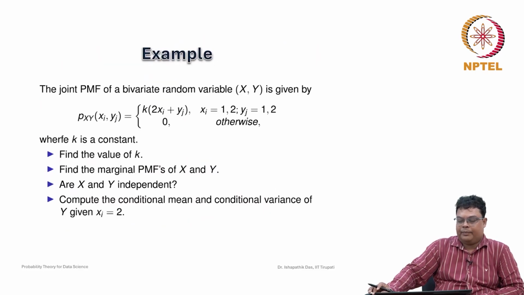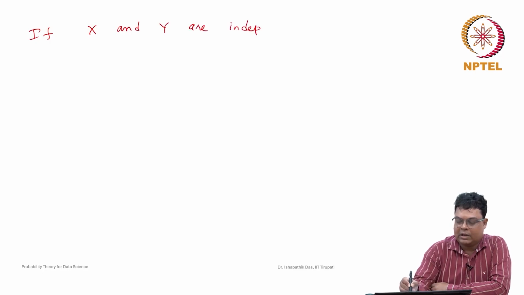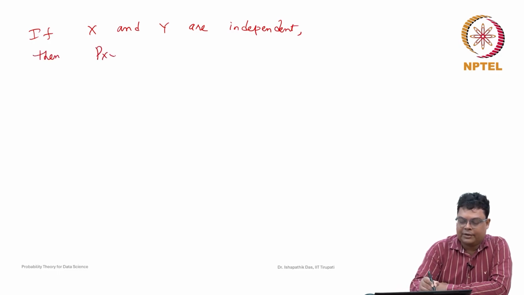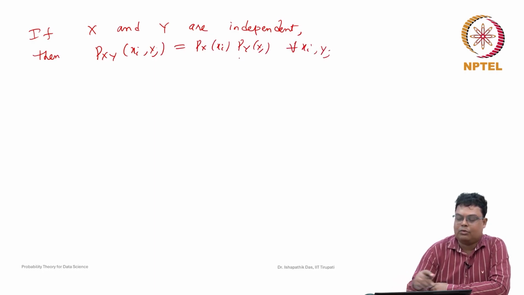Now, are x and y independent? If x and y are independent, then pxy of xi yj should be equal to px of xi into py of yj for all xi and yj values. It should be true.